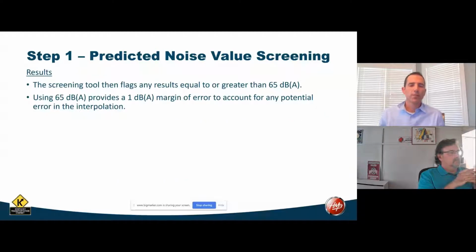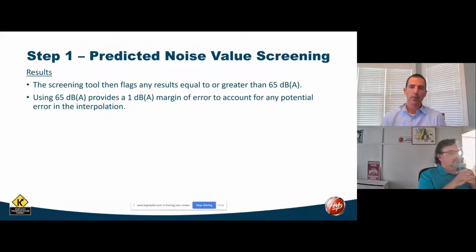So once you have your predicted noise level, the screening tool will flag anything that's 65 decibels or greater. Most of your residences have a 66, which is what we consider in Kentucky as an impact. That's approaching the NAC, which is 67, so anything that exceeds or approaches is considered an impact.